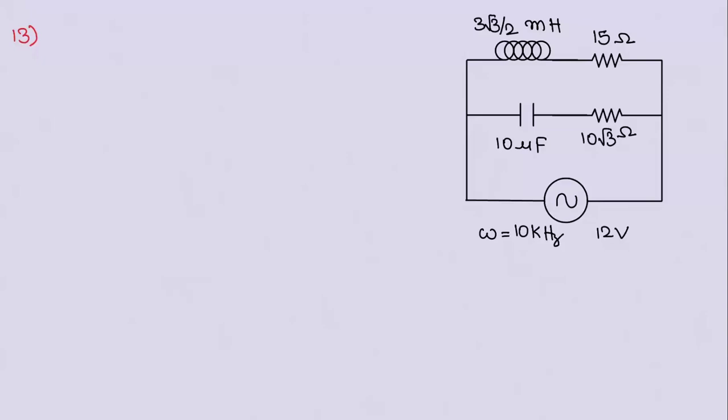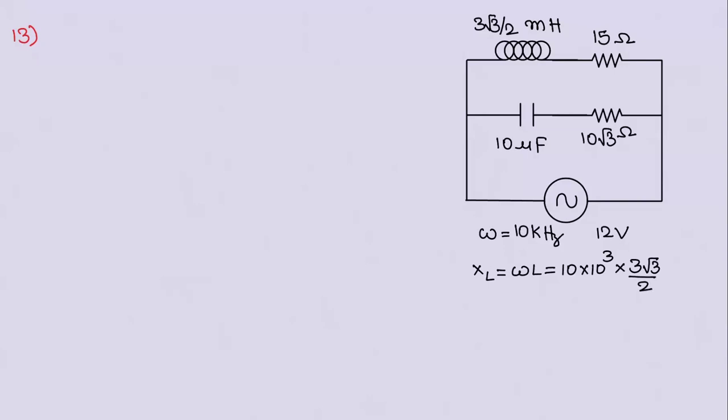Observe. We calculate XL, XC, everything. First we do that and then we'll see. XL is equal to omega L. Omega is 10 kilohertz, 10 into 10 power 3. L is 3 root 3 by 2 millihenry, so into 10 power minus 3.